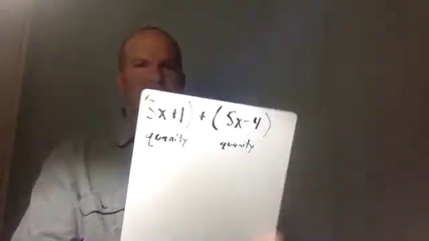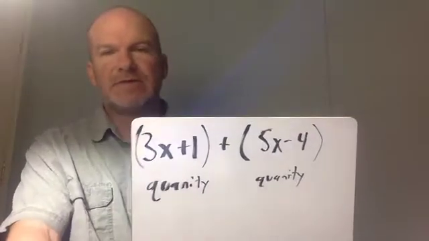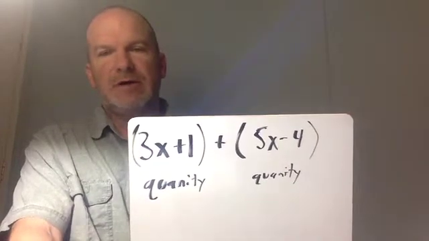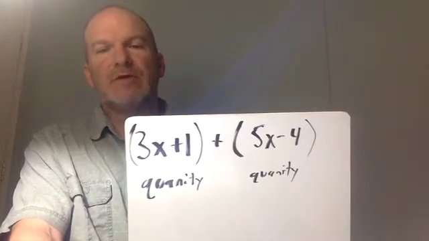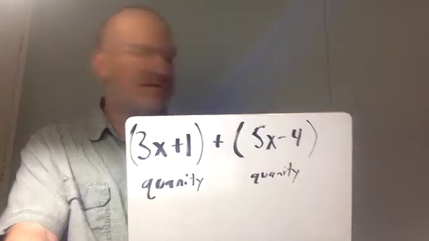So when you have two or more things inside of a parenthesis, it's called a quantity. So this is the quantity 3x plus 1, plus the quantity 5x minus 4, is how you would say that if you were reading it.